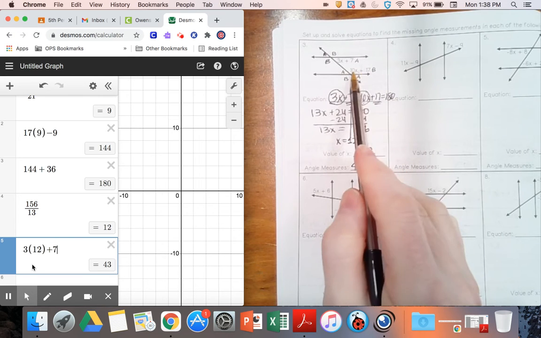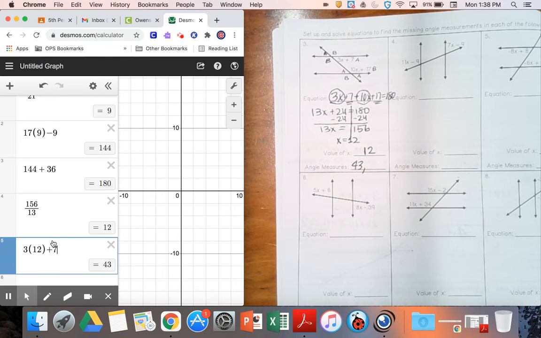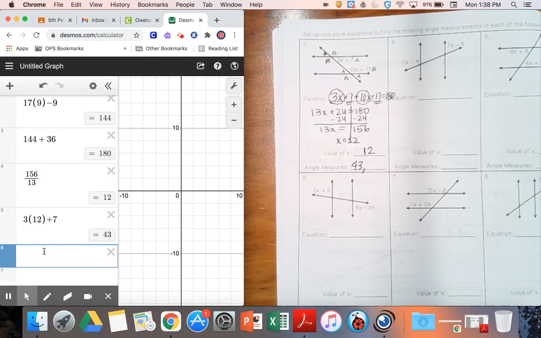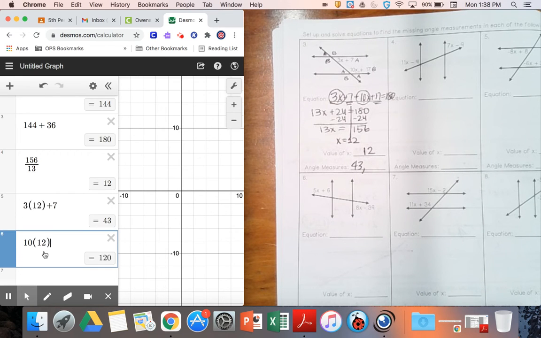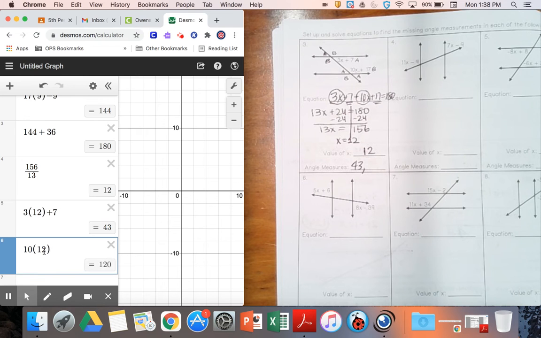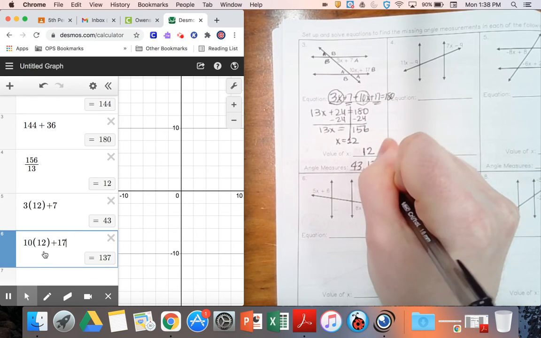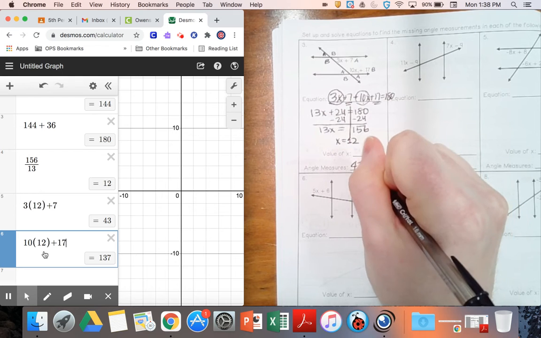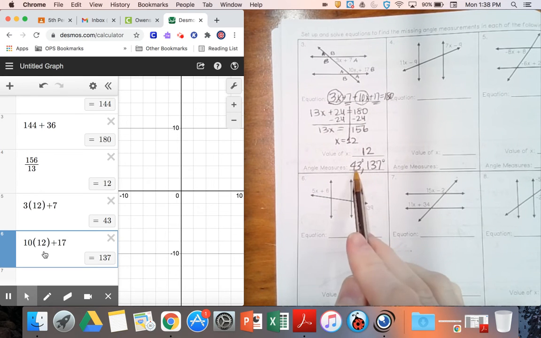Then I can put 12 back into the other one. They're not the same, so the other one has to be different. This would be 10 times 12 plus 17, which gives me 137. When I add those two together, 43 and 137, they give me 180.